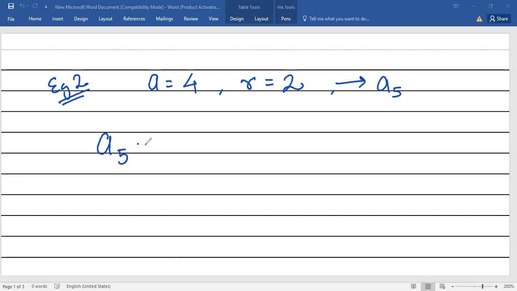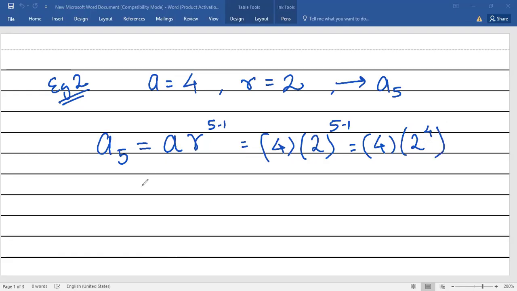So we will write the fifth term, that is A5, is equal to the first term multiplied by the common ratio to the power 5 minus 1. That is 4 times 2 to the power 5 minus 1, that is 4 times 2 to the power 4, and this will be 4 times 16.